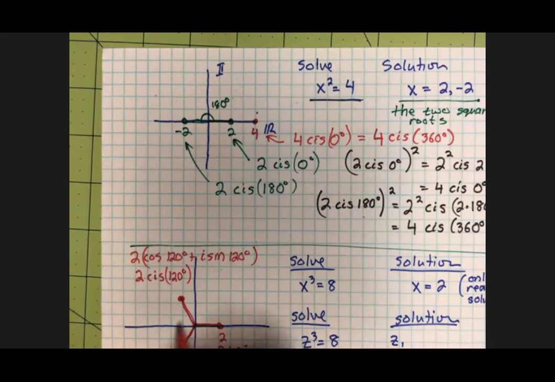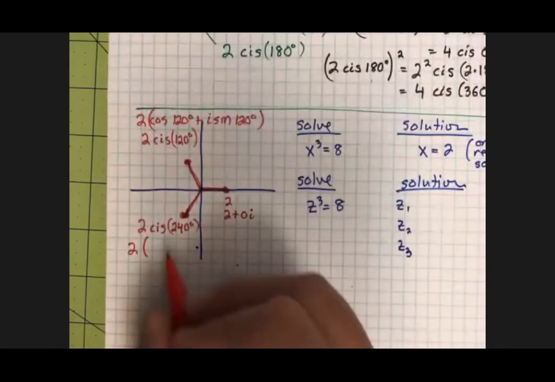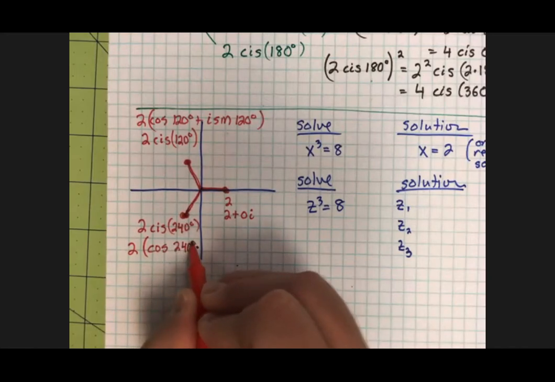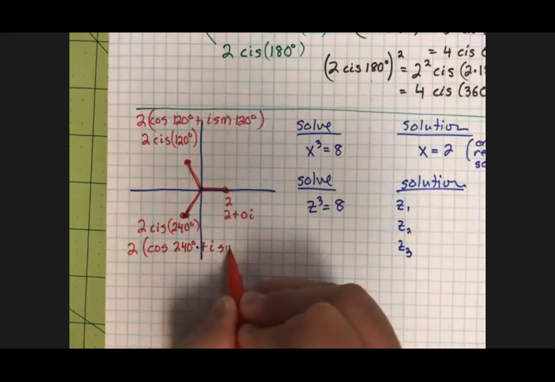Also 2 units long, but now this angle is 240. This would be 2 cis 240, which remember stands for 2 times cosine 240 plus I times sine 240.